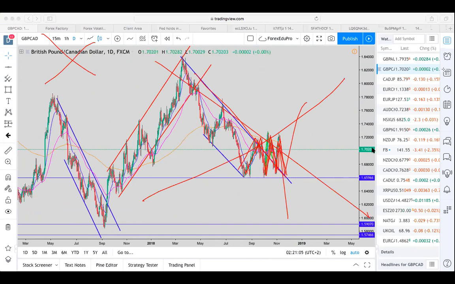Let me just go back to the chat. Do you ever add positions on the mini pullbacks during the new trend? Yes, you can. You can take the trades on the trend lines or on the new structure. However, remember what I said.